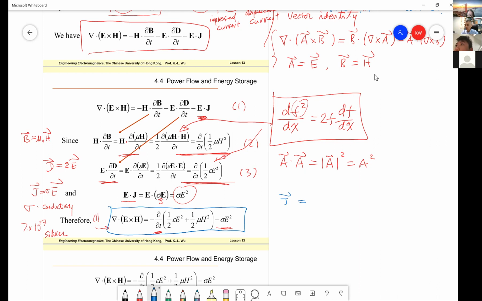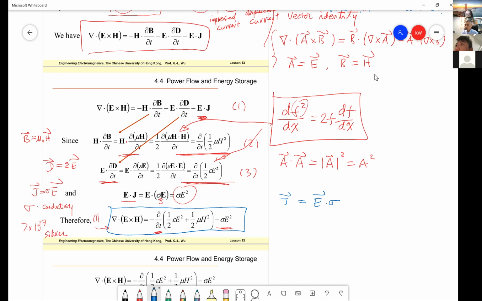The current J is formed because of the electrical field, driven by the conductivity in the medium, by the movable electrons around the molecules in the medium where the electromagnetic wave exists.